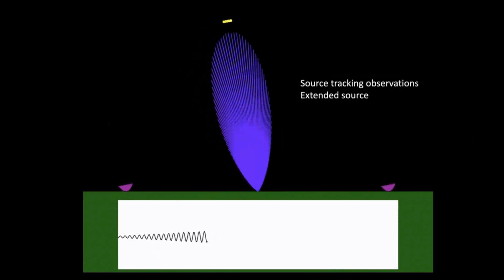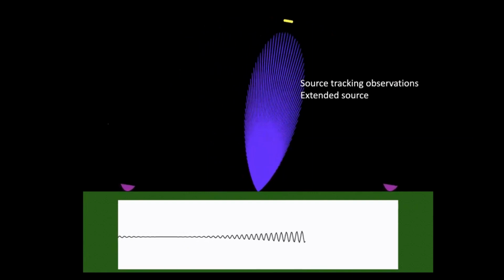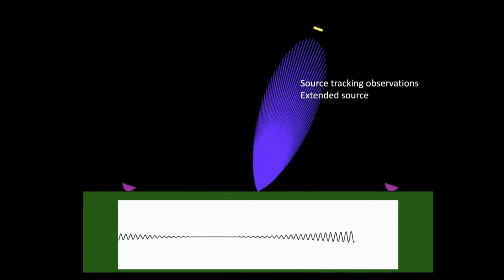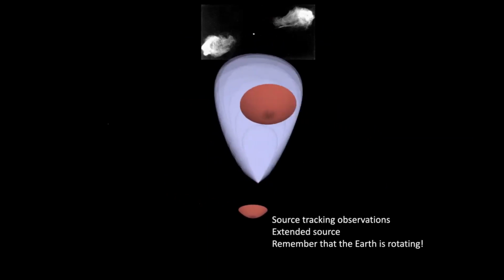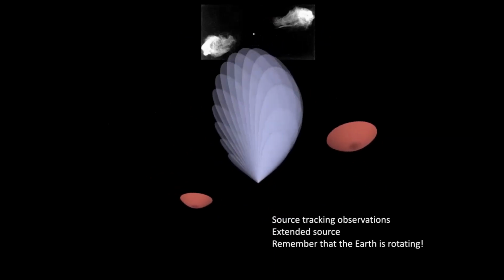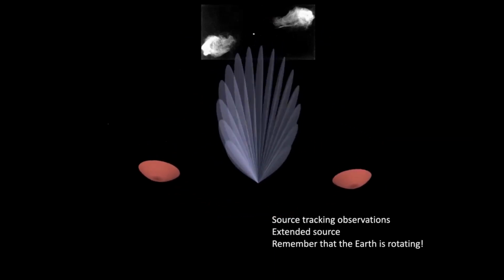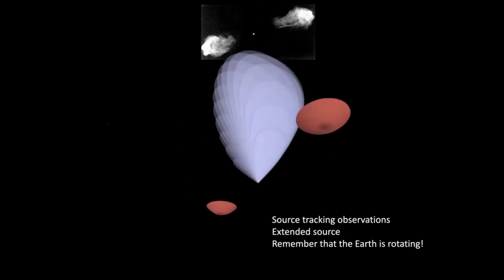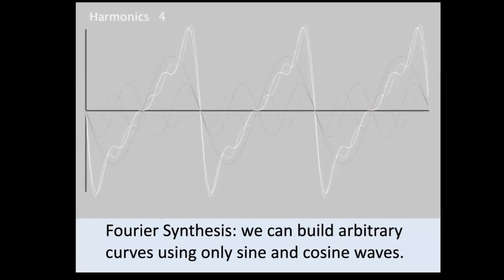Later on, we needed to do this extended source tracking. And why do we want to do that? Well, because the Earth is rotating, so the fringes are actually moving round, and we can get some idea of the structure of the radio source in different directions. Okay, I'm going to then explain a bit about Fourier synthesis.